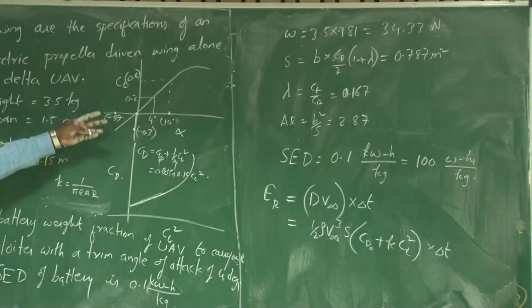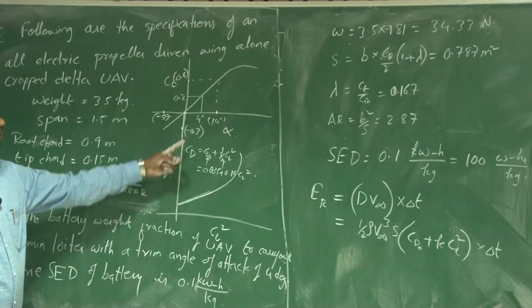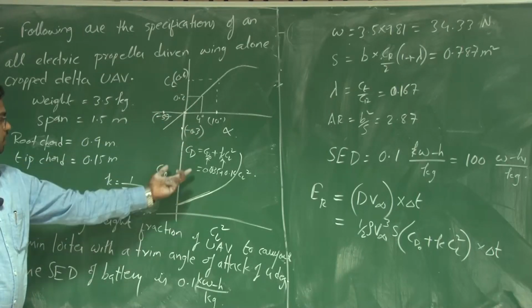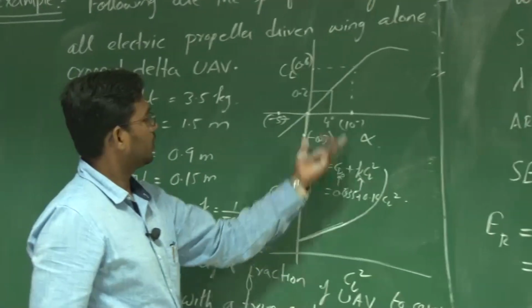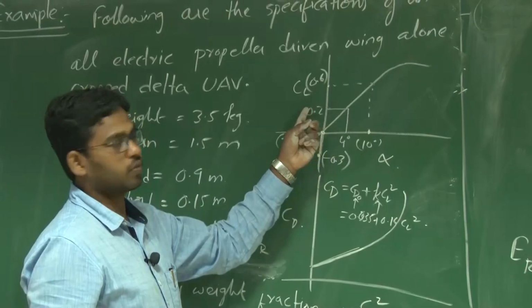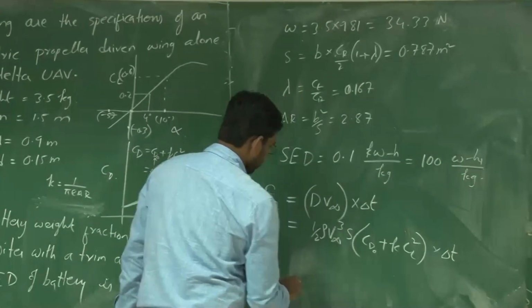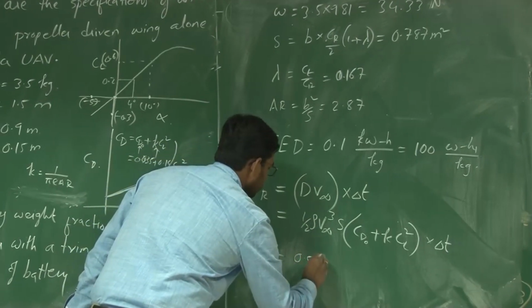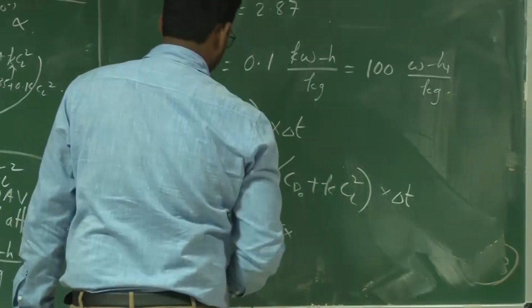So at alpha equal to 4 degrees, because you know CL and the CL square value, you can find the corresponding CD, or simply substitute in this equation. So 0.5 into 1.225 into V cube.